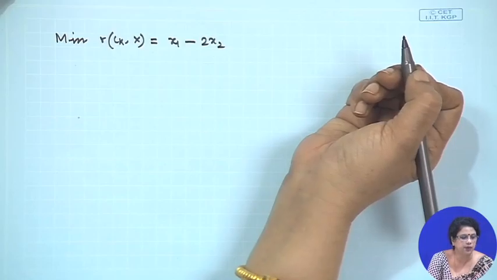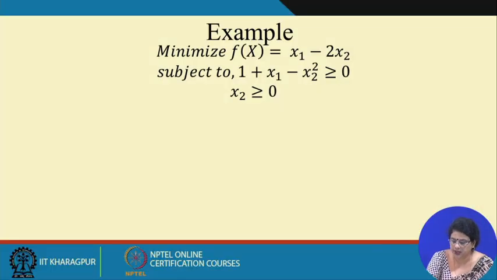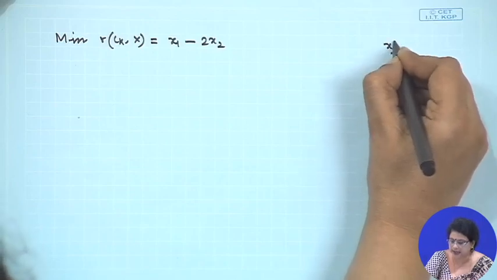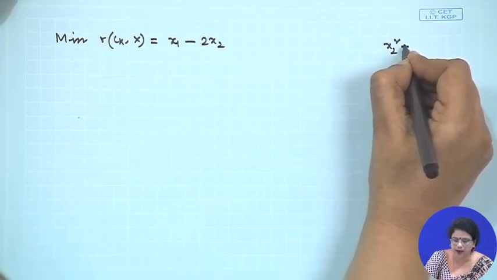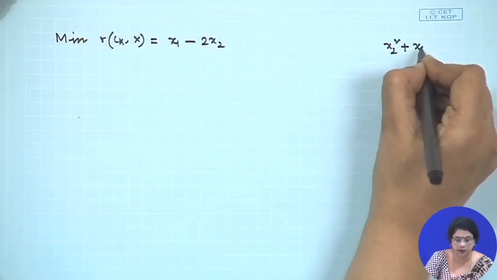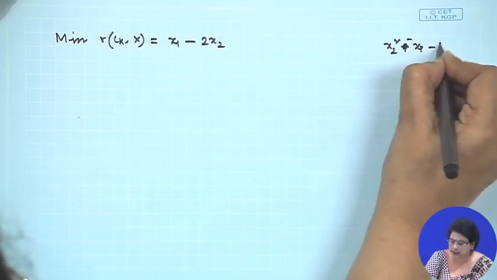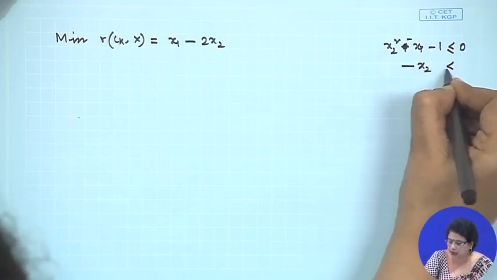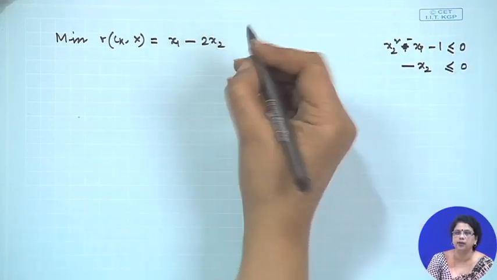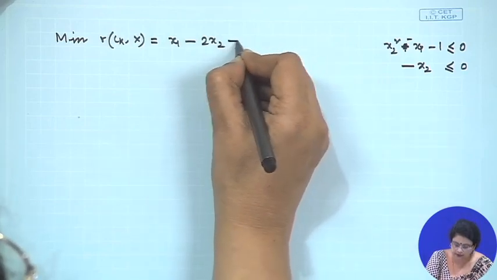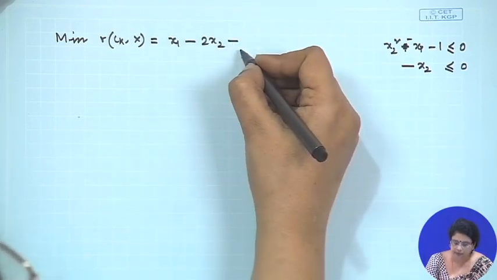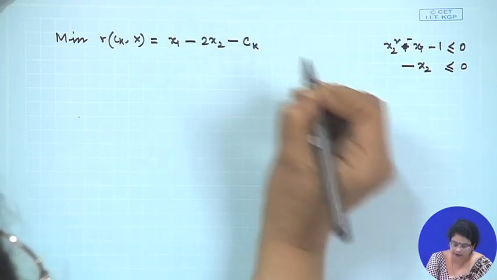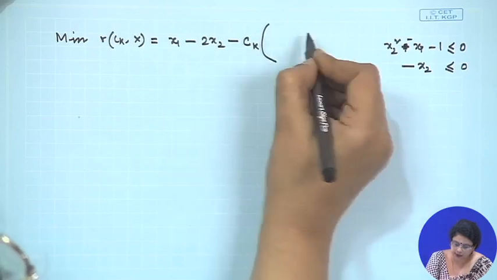Now, you see the constraint has been given in the form of greater than or equal to. That is why I will make it less than or equal to: x2 squared plus x1 minus 1 less than or equal to 0, and minus x2 less than or equal to 0. Now, we have the barrier constant, that is c k, and the summation will be there.